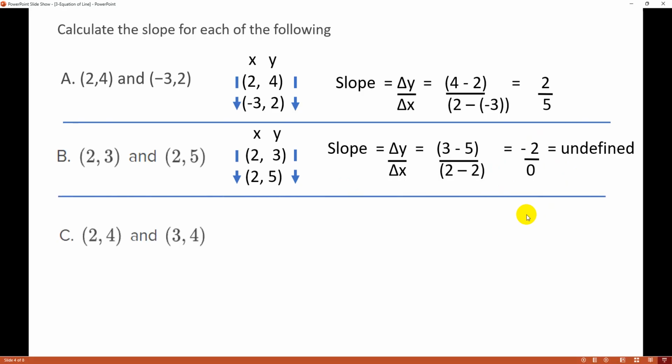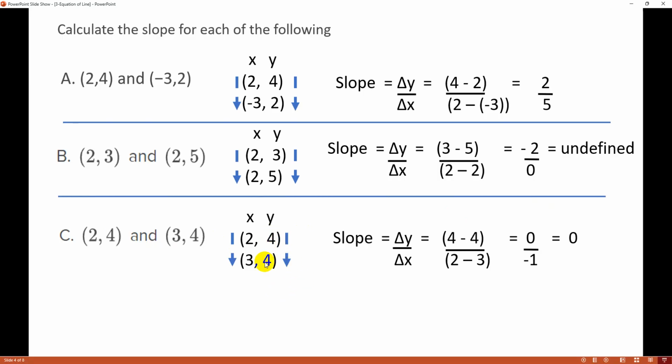Now, in the third example, they give us 2, 4 and 3, 4. Again, we follow the rule. We're going to do the difference of the y's over the difference of the x's. So it will be 4 minus 4, which is 0, and 2 minus 3, which is negative 1. Now, 0 divided by negative 1 is 0.